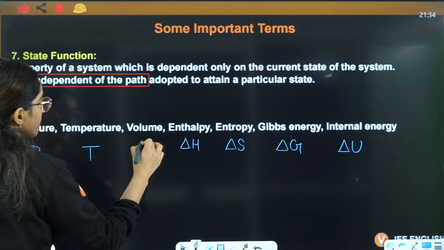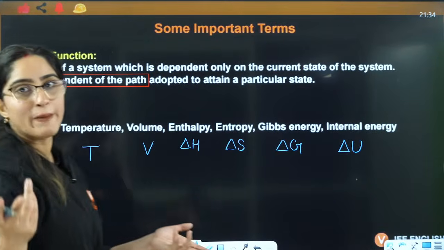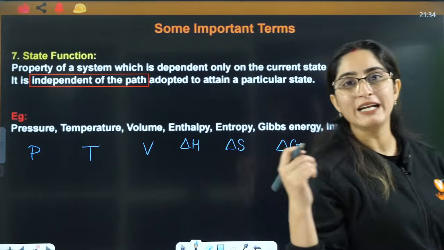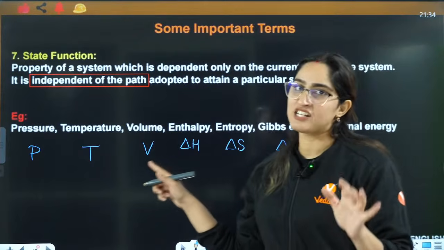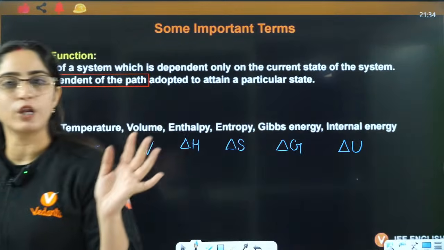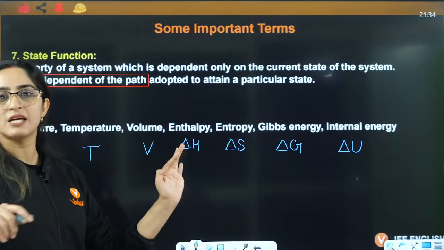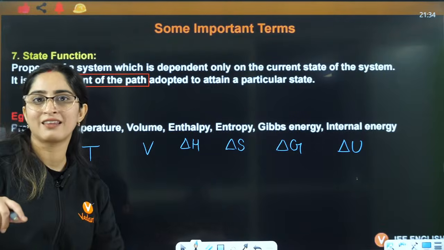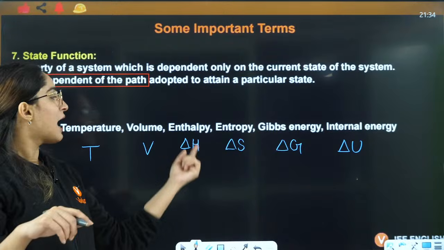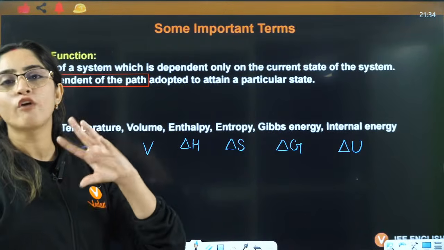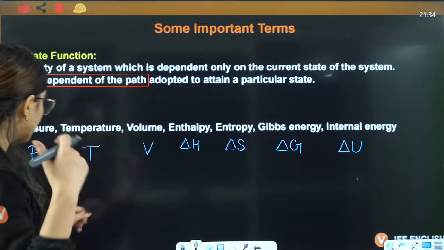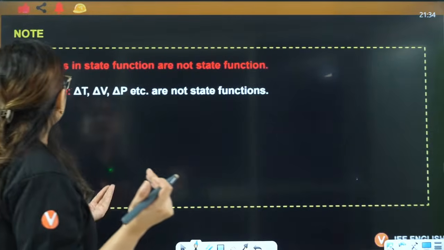Temperature does not depend upon the path. Volume does not depend upon the path. So PVT and UGHS. PVT: pressure, volume, temperature. UGHS: internal energy, Gibbs free enthalpy, enthalpy, and then entropy. All of these do not depend upon the path that you have taken.